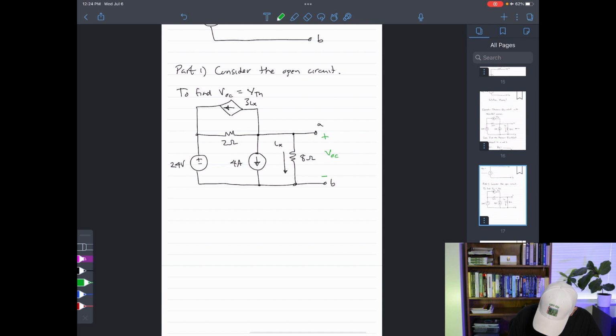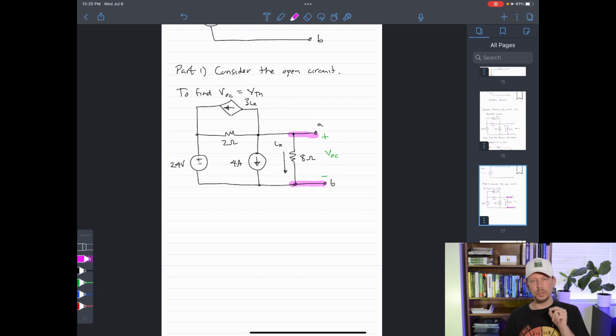Now the open circuit voltage is the voltage between terminals A and B, like this, with that particular polarity. Now notice that that open circuit voltage is the same voltage applied across this 8 ohm resistor. So I'm going to use the node voltage method to set up a system of equations in order to find what that open circuit voltage is.